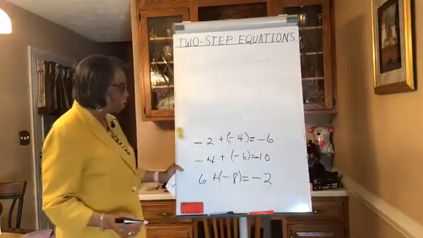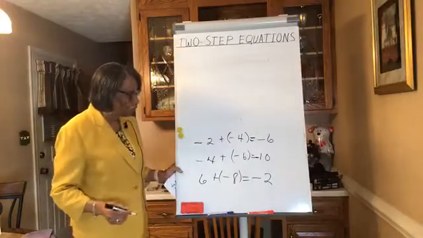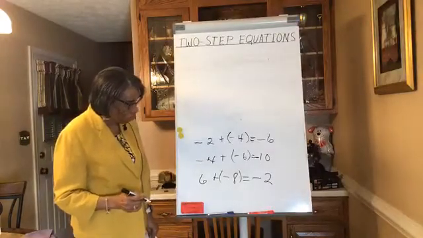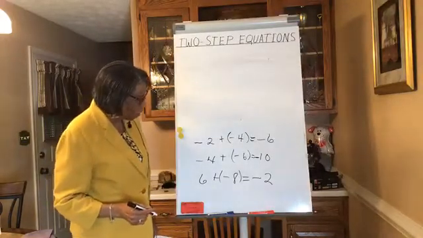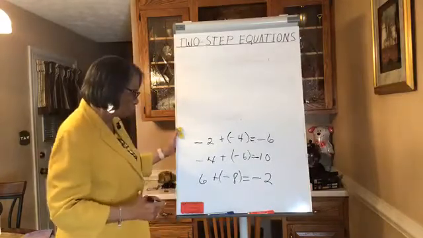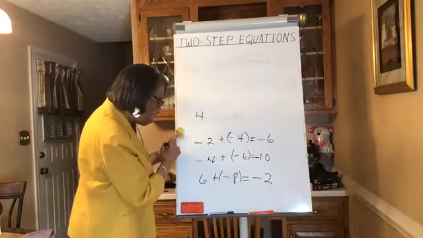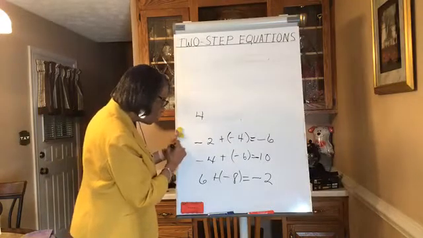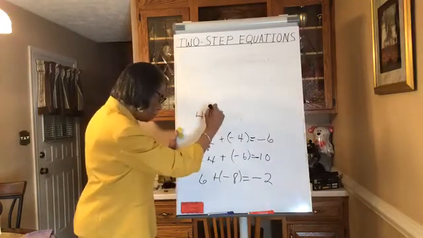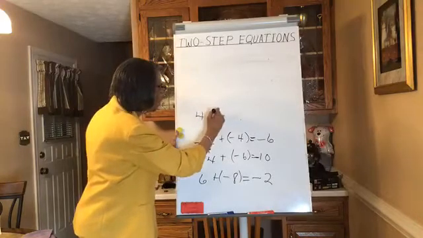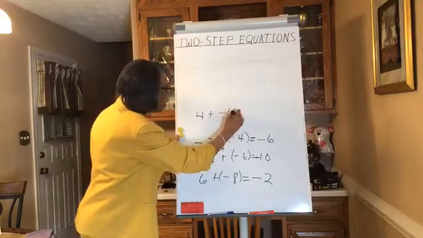Negative 2. All right, hopefully you got all of those correct. I think I have given you each type of example, except let's do, yes, 4 plus negative 10.